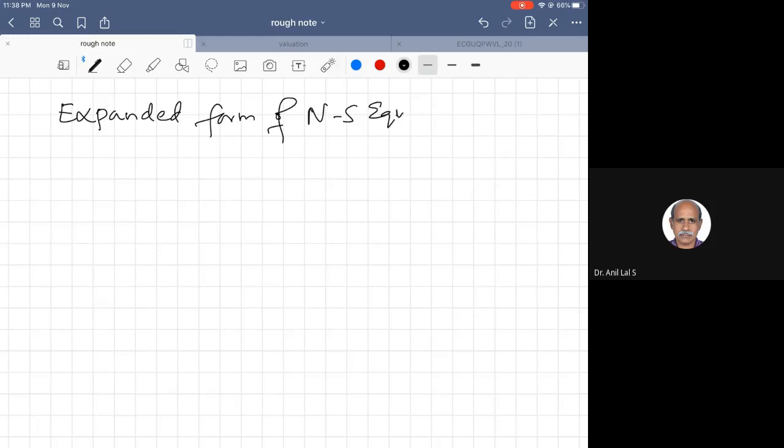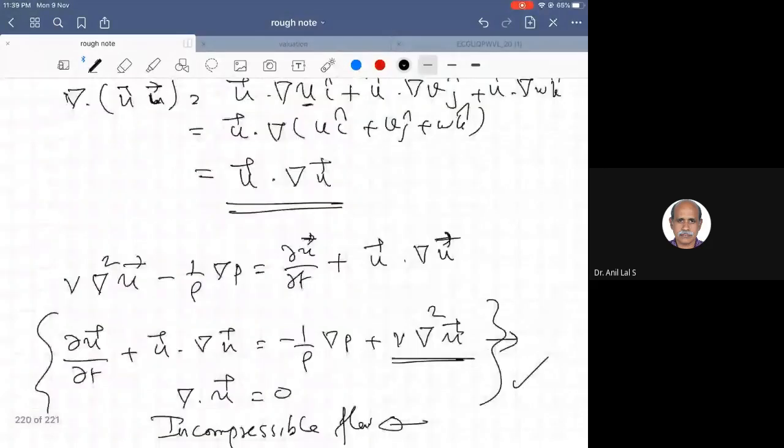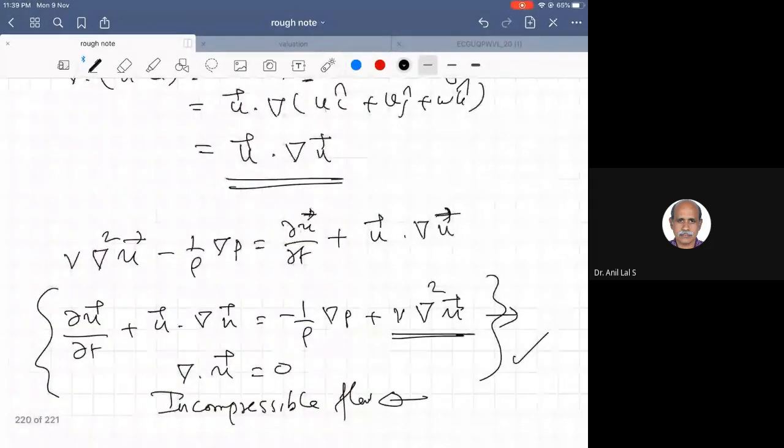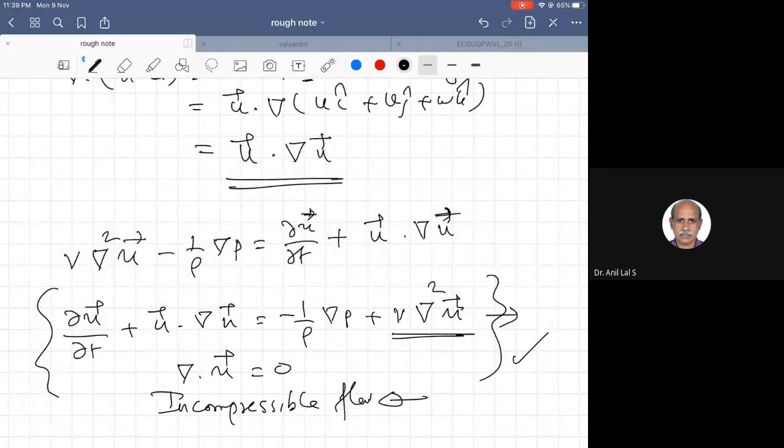The Navier-Stokes equation in Cartesian coordinate system. This is our vector form equation: ∂u/∂t + u·∇u.